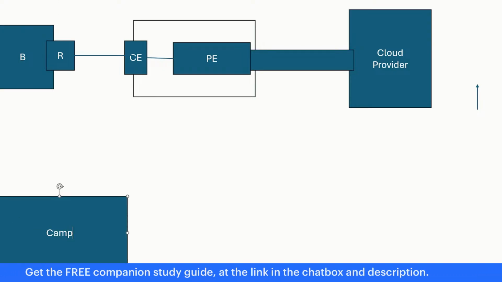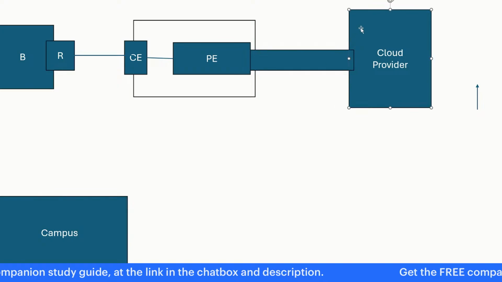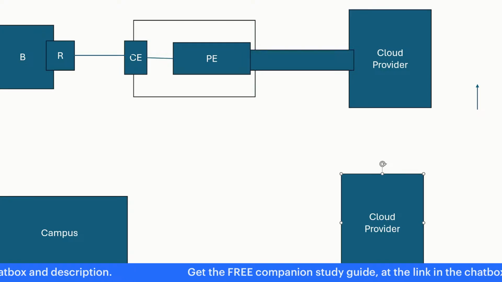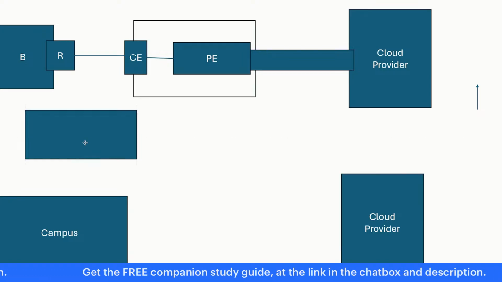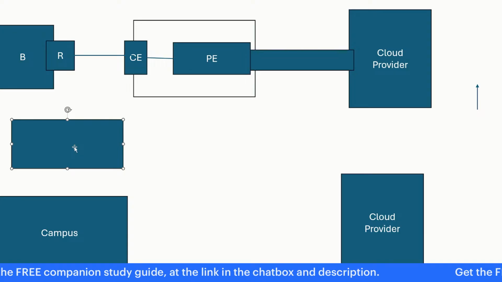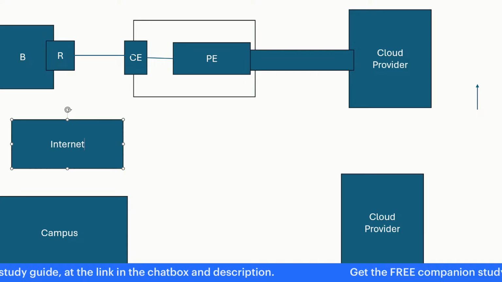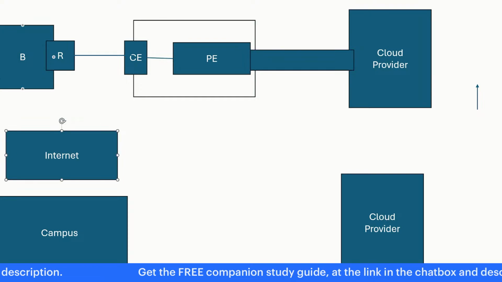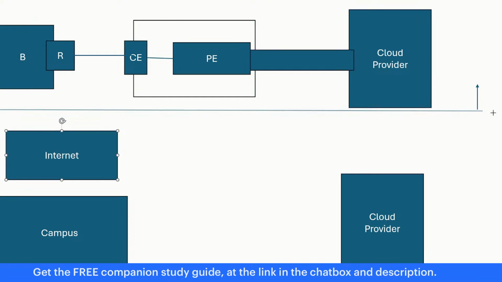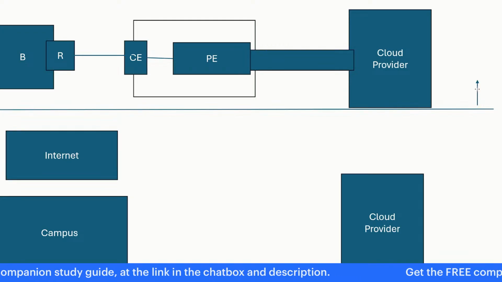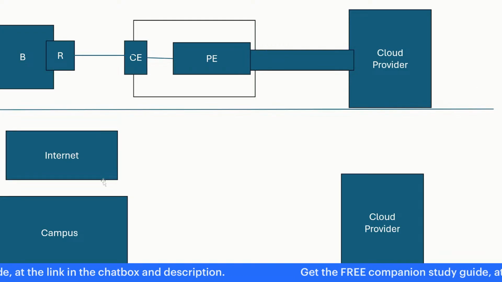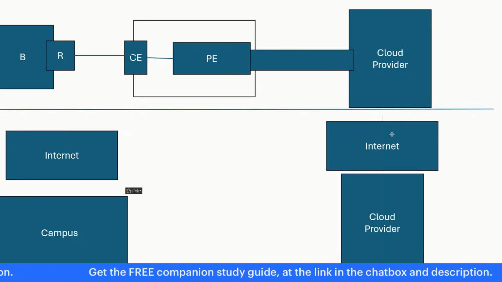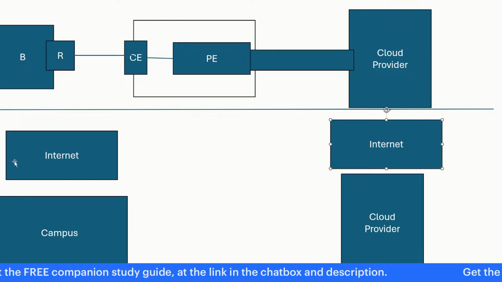So let's say we have a campus over here, and we now want to connect to the cloud provider. Now, we are connected to the internet. In this particular private line environment, I'm going to draw a little line between the private line architecture up top and the IPsec tunnel beneath us. Now the cloud provider is also connected to the internet.